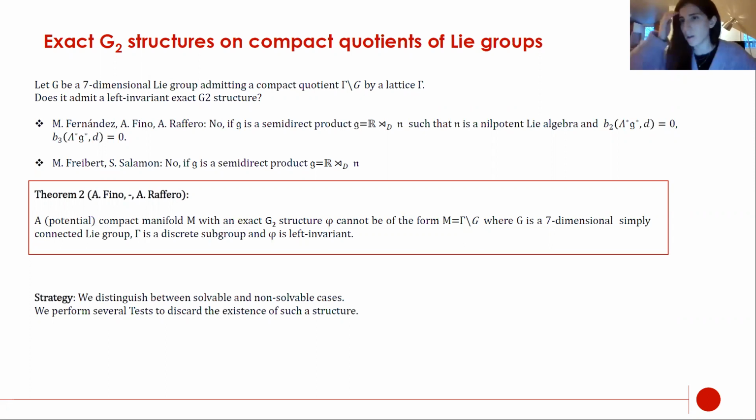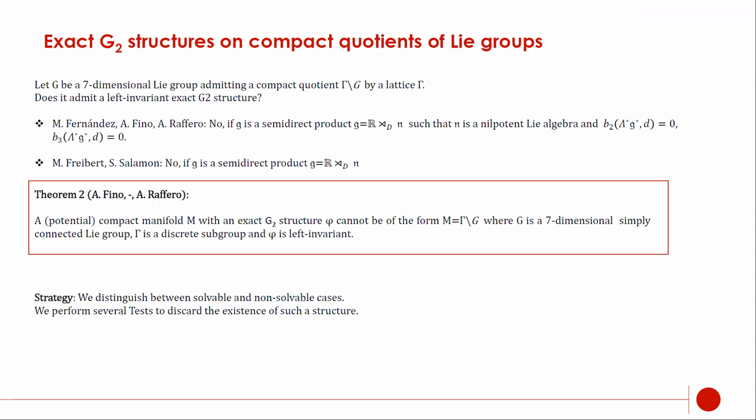We didn't. I know that there is an example of Bryant that admits a closed G2 structure, but we didn't study exact examples there. We haven't done this. But this is not the only one.